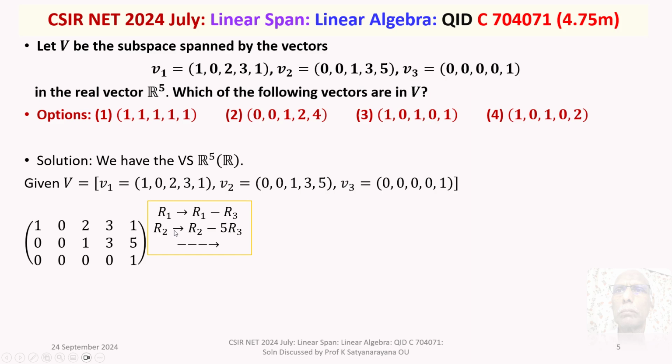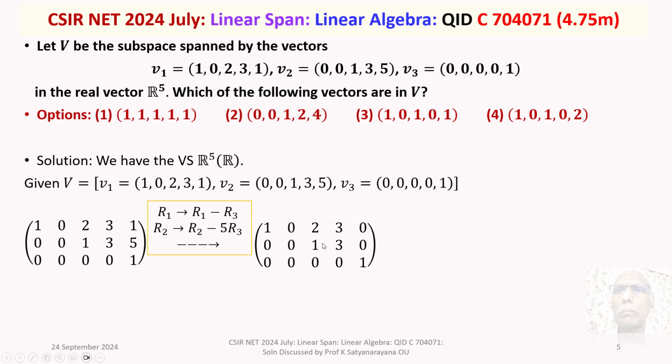And R2 becomes R2 minus 5 times R3. Then if you do that, this entry will become 0, this entry will become 0. Right. So we get 1, 0, 2, 3, 0 as the first row, 0, 0, 1, 3, 0 as the second row, 0, 0, 0, 0, 1 as the third row. Right.